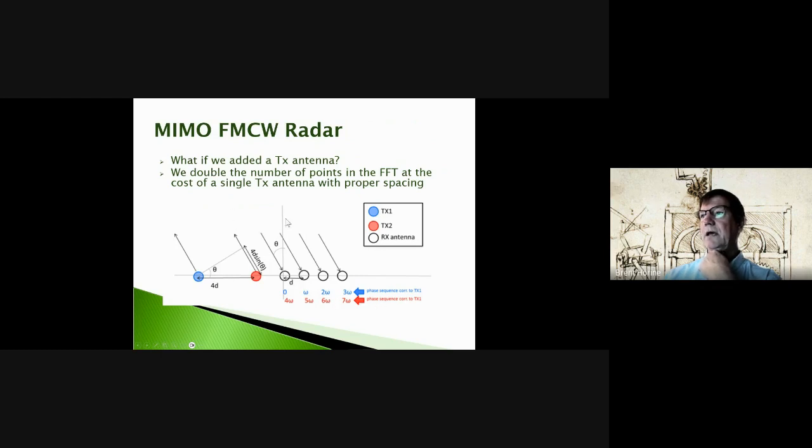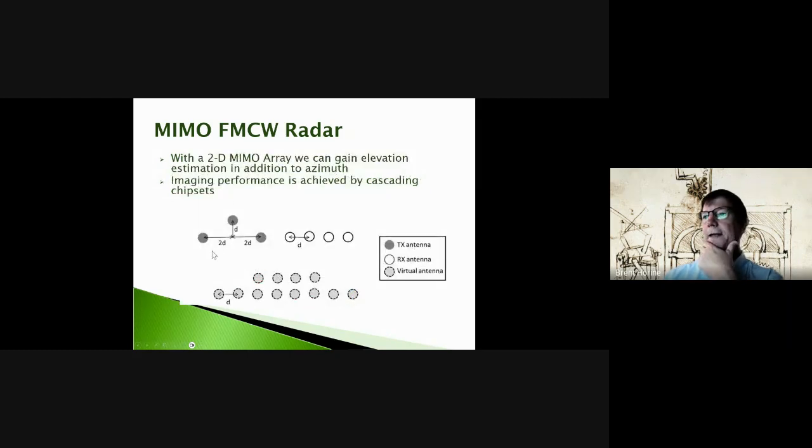So we've basically doubled the number of points in the FFT at the cost of a single antenna with proper spacing, or in this case, we've maintained the same number of points in the FFT with half as many receive antennas. So we've got a lot of flexibility.